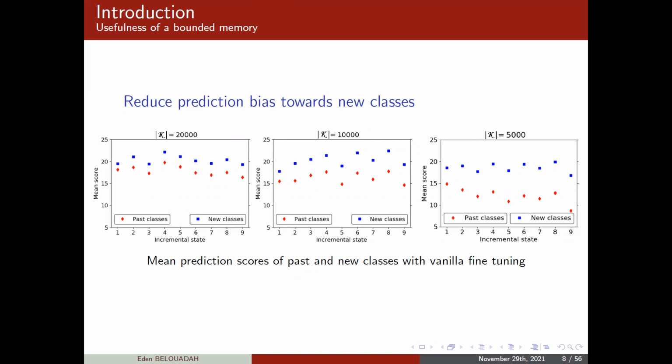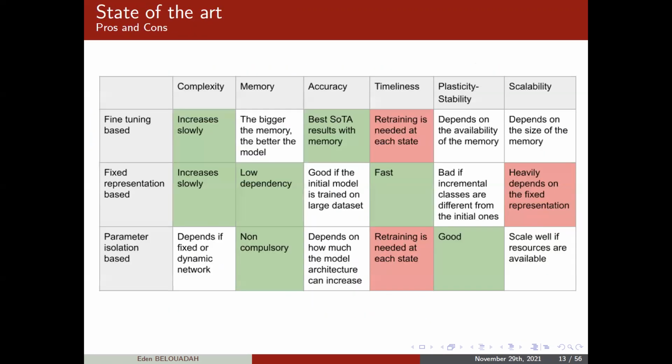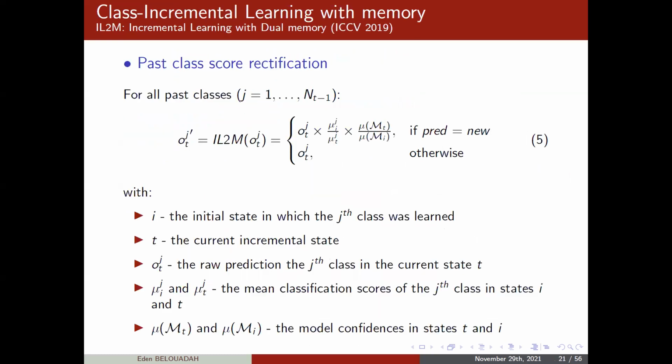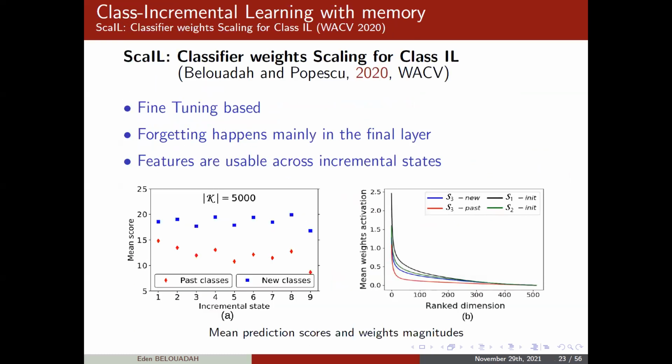Moving on, the method that I found most intriguing is SCALE. Yes. Because there you don't only work at the output predictions, but indeed at the weights of the last layer.